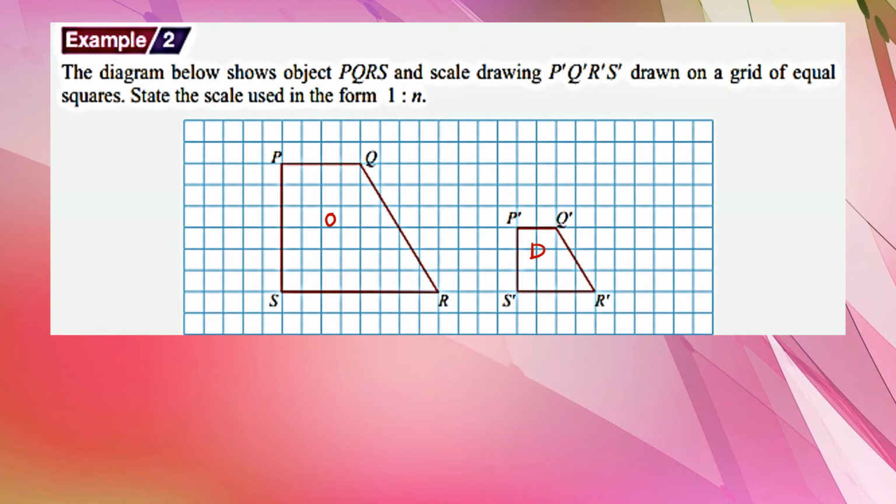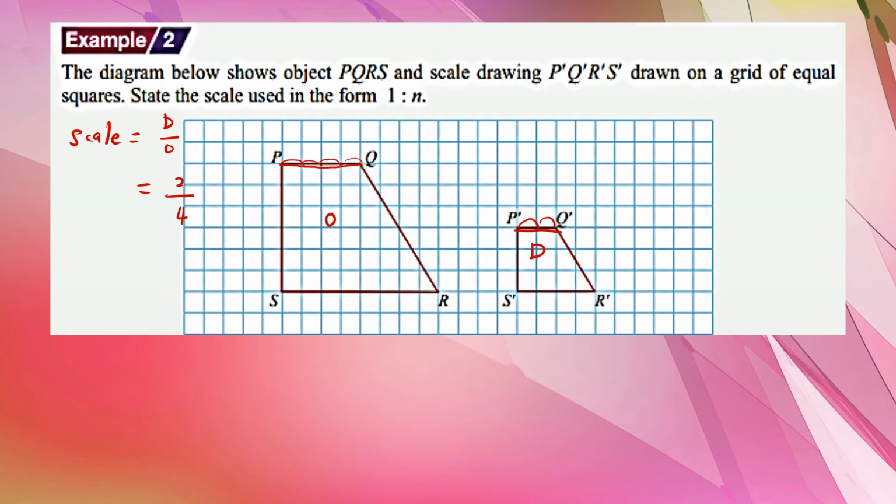To find the scale, remember the formula is D divided by O, the drawing divided by the object. So you choose one side. Let's say we choose PQ. PQ of the drawing, how many boxes? 2. You write 2 here. PQ in the object, how many boxes? 1, 2, 3, 4. So 2 over 4.